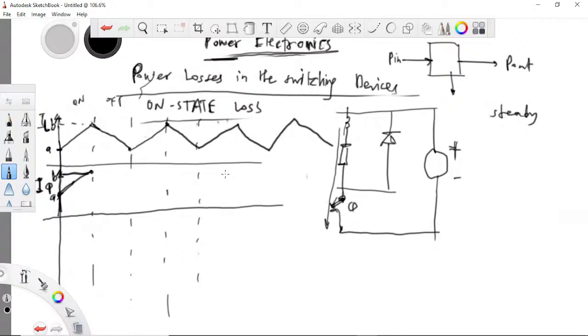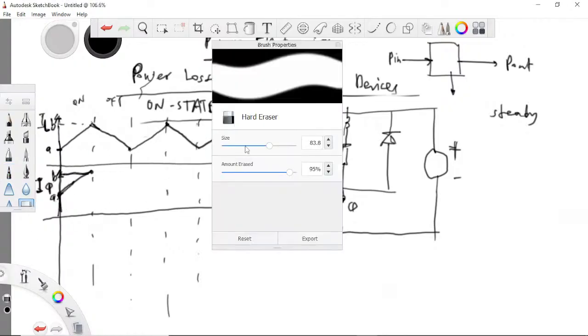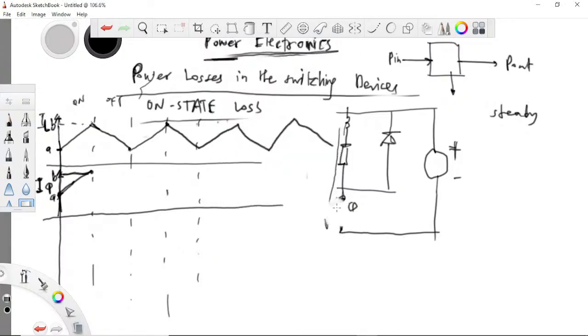Then the switch goes off. When the switch goes off, no current goes through this branch. So the current in the switch goes to zero and remains at zero until the switch comes on, in which case the current through the switch is the same as the current through the inductor.